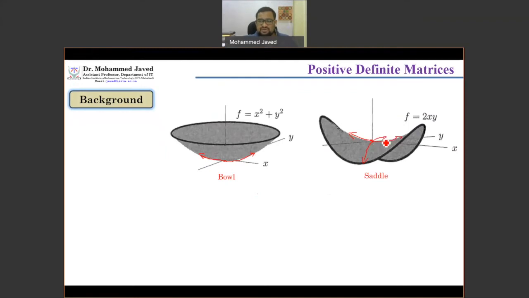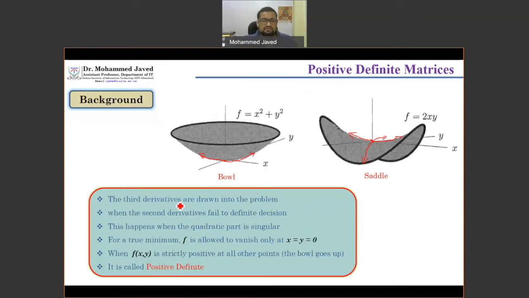So we are not sure that this is the minimum point. Such a graph is called a saddle graph, where the graph is increasing in one direction and decreasing in another direction. So it creates a problem.